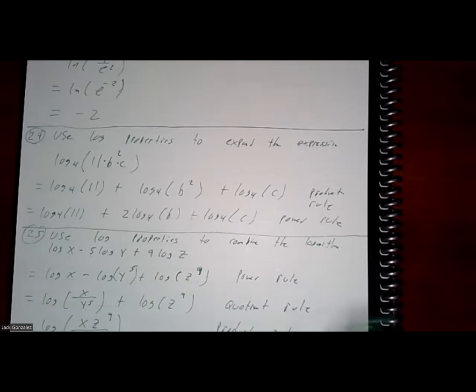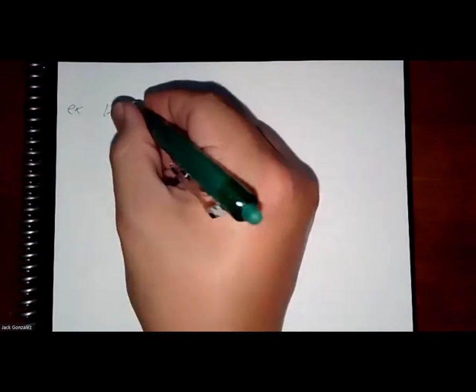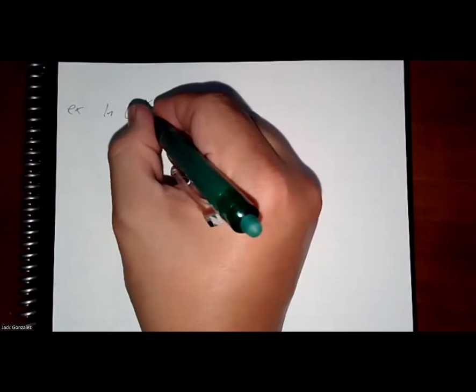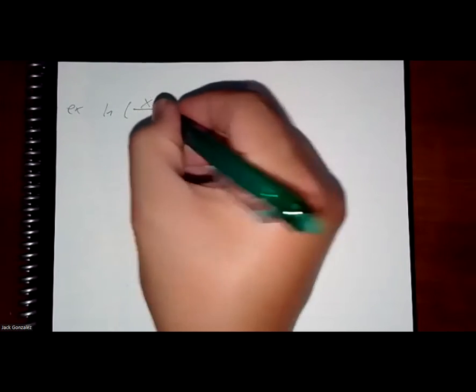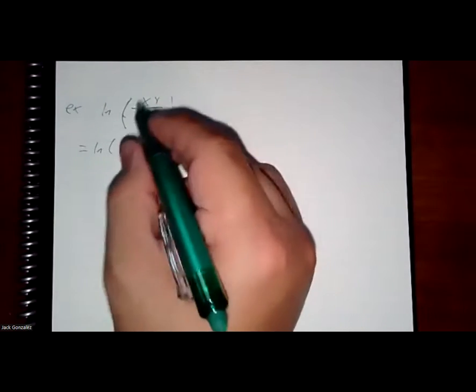Does that make sense, or do you want to see an example? Yeah, could we see an example? Nothing too hard. Yeah, let's do one just real quick. Let's make one up. ln of, let's say, x over y times z, right? So the first thing we should do is deal with the whole fraction.